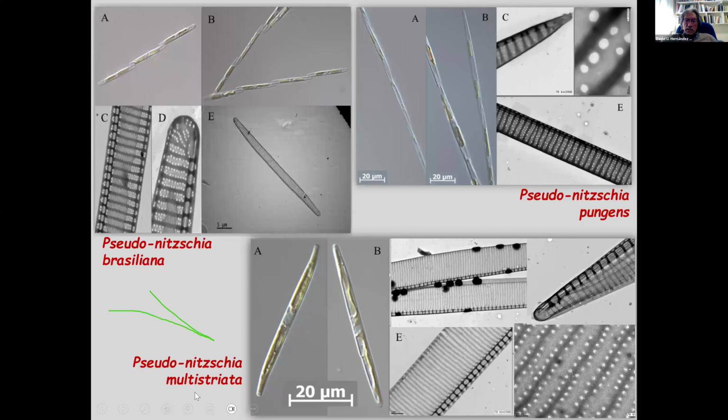Pseudo-nitzschia multistriata is the second species producing more domoic acid per cell, and it is also present in this area. You can see the very fine poroids of the stria in this figure, down in this panel.